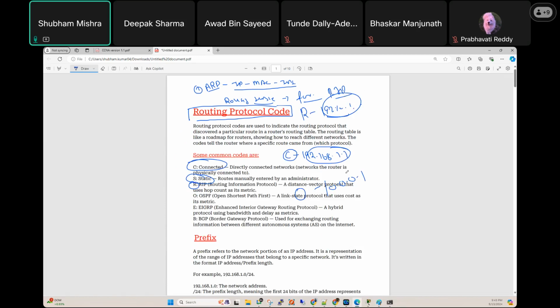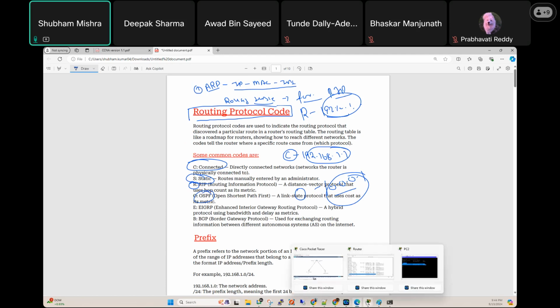You can think the router learned this network by which protocol? OSPF. Getting my point? So these are the codes. By the help of these codes, it will be easy for you. You can easily identify which protocol this network or IP address belongs to. Clear, everyone? Understand?